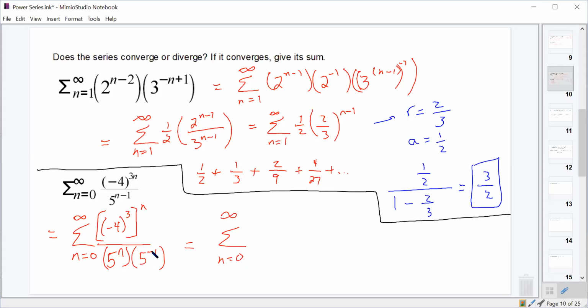well, let's see, 5 to the -1 doesn't have a power of n, it's just a constant. So we'll put that as just a 5 because it's a 5 to the -1 in the denominator. And then -4 cubed is -64, and that's to the n, and 5 to the n should be negative 64/5 to the n. Everybody agree with that?